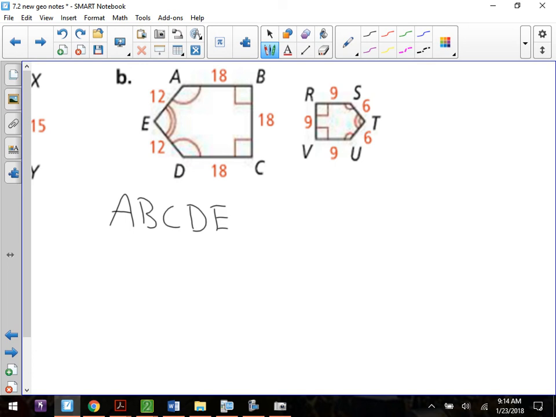So I can kind of get away with saying, all right, here I'm going to check and see if this works. S, R, V, U, and T. Since I'm going from left to right on my diagram, I'm going to put everything from the picture on the left in the numerator, and everything from the picture on the right in the denominator.